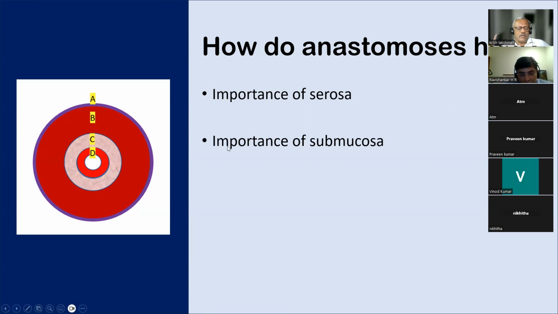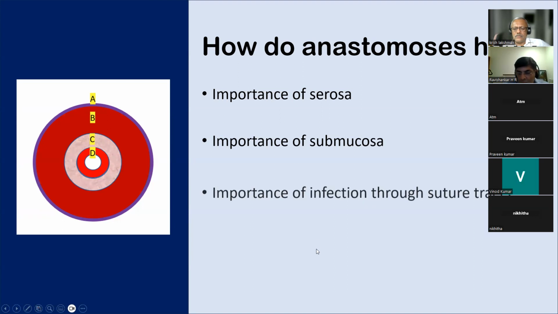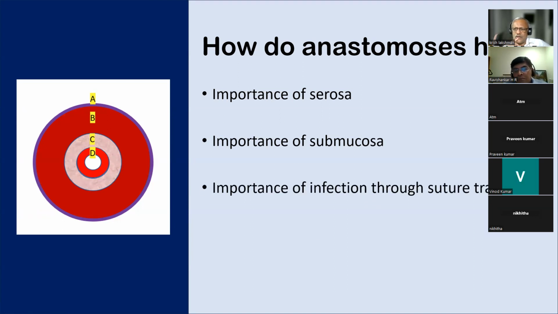And the other important thing which can influence the healing is a suture tract which goes from the mucosa onto the outside, onto the serosa, itself can be a facilitator for infection. That's an important thing all of us must understand. That's one of the reasons the serosubmucosal suture, which excludes the mucosa in your suture, has come into existence.